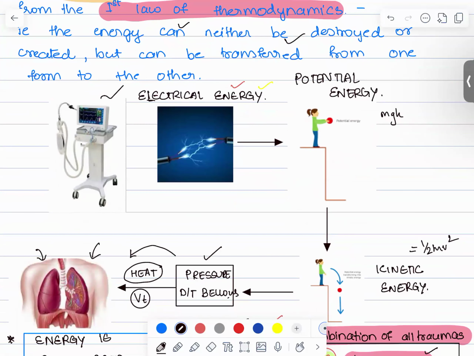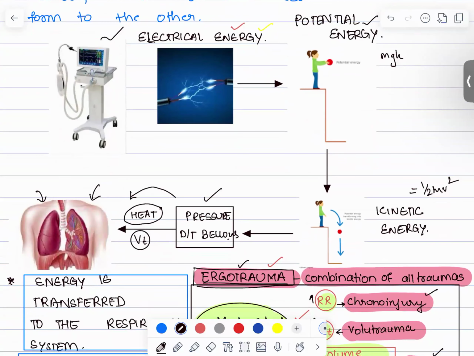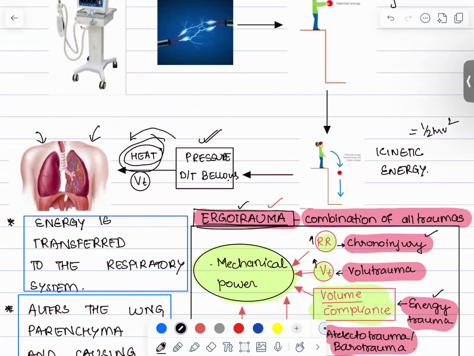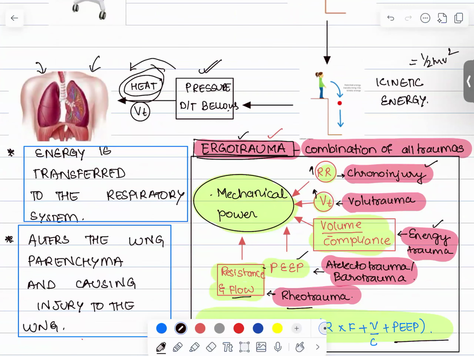From the electrical energy, we have potential energy, and that is converted into kinetic energy, driven by the bellows, which produces a pressure, and that gives a certain volume, and all this energy is transferred into the patient's lungs. Heat is a side effect. Heat is not per se an energy; it is a bystander or a byproduct. So energy is transferred to the respiratory system.